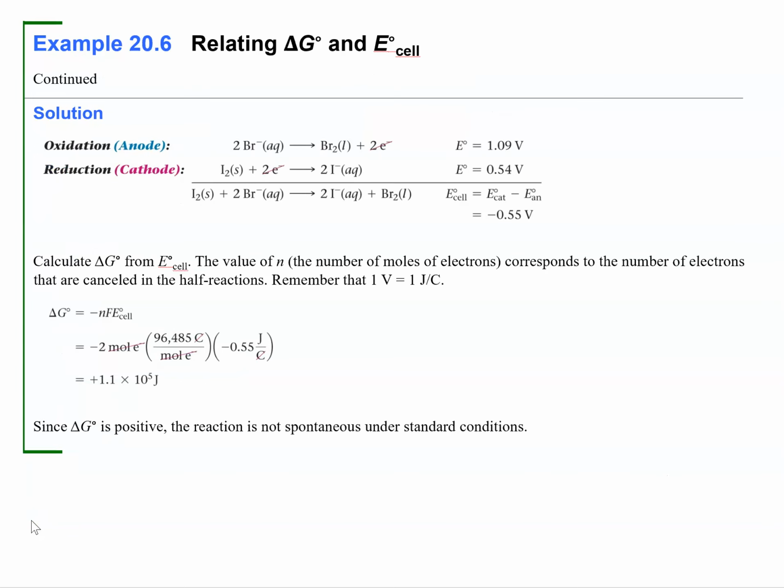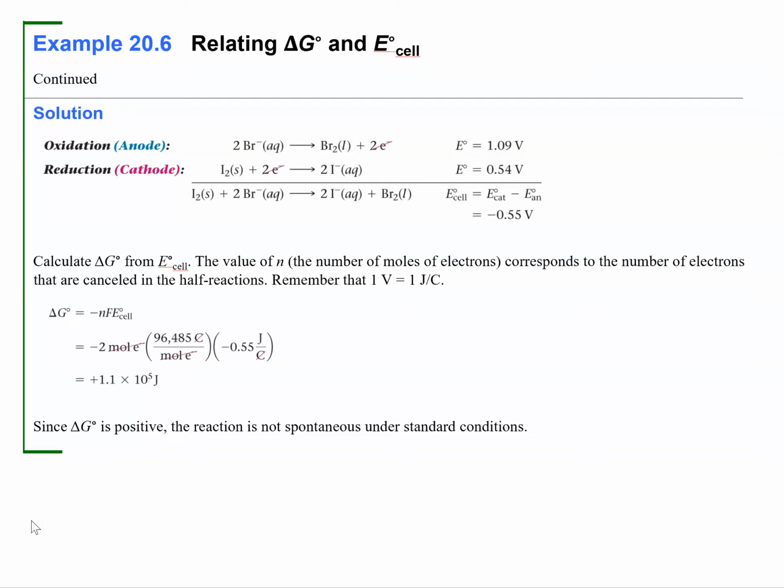So the solution, we have to break everything apart. We're going to grab our oxidation half reaction at the anode and the reduction half reaction, which would be our cathode. That's going to be 2 bromide reacting to form bromine plus 2 electrons, and iodine plus 2 electrons reacting to form 2 iodide.